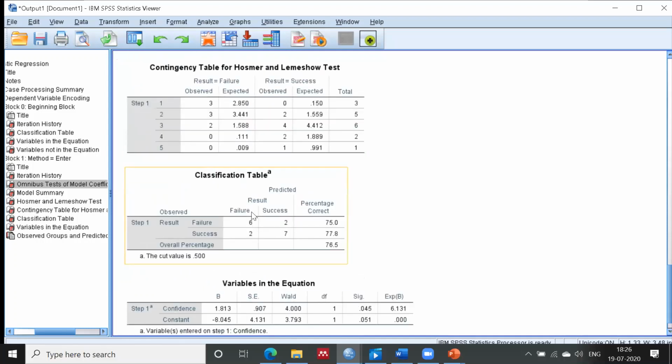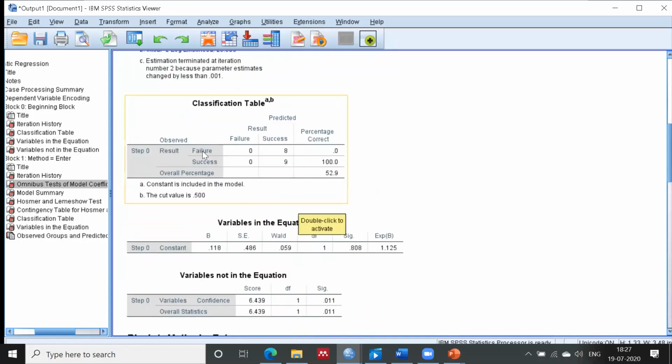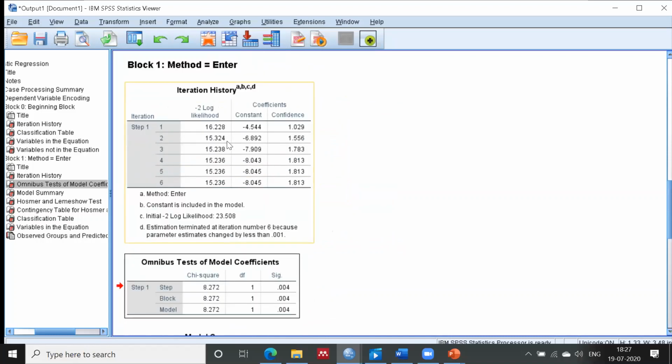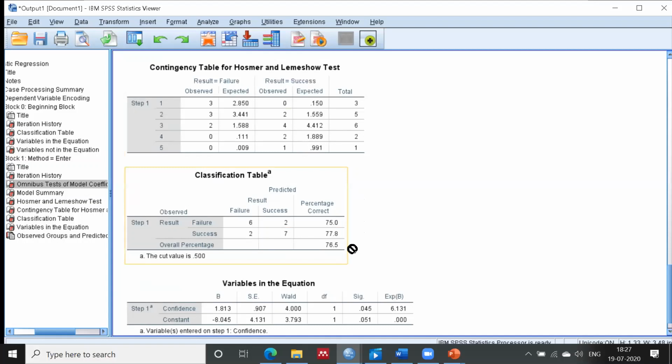Now the most important part. All are important things, but again, I'm telling you, the classification table is important. If you see earlier, it was this one. It shows 52.9 overall percentage when I had not applied any kind of regression. But when I run the regression, my classification table shows a 76.5% result, right?